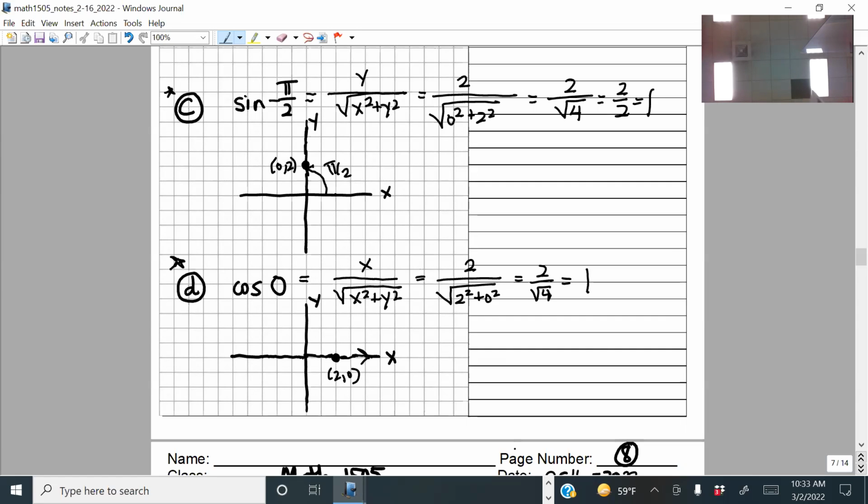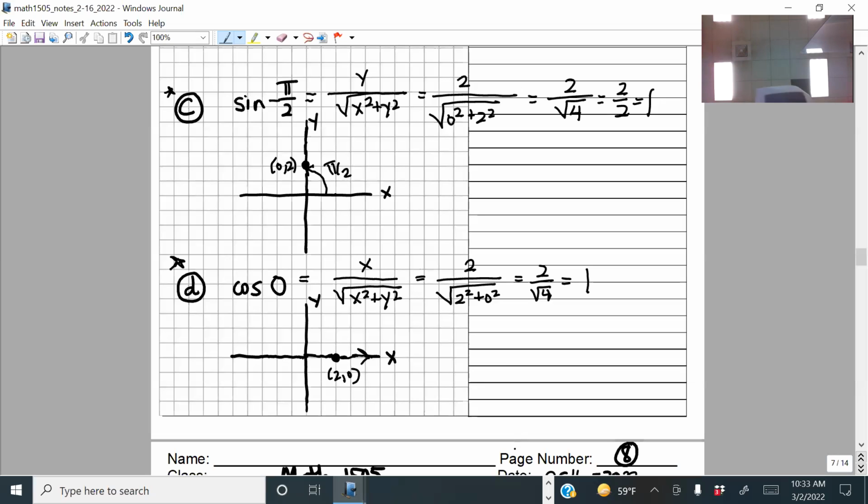So this is also posted on the Blackboard page for you guys at home. I'll show you where it is because I'm going to open it right now. But there's a kind of a geometric version here of the special angles. You know, the special angles, pi over 3, pi over 4, pi over 6, right?